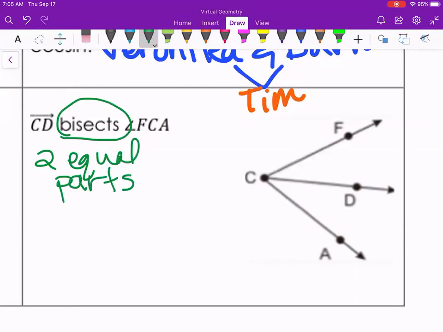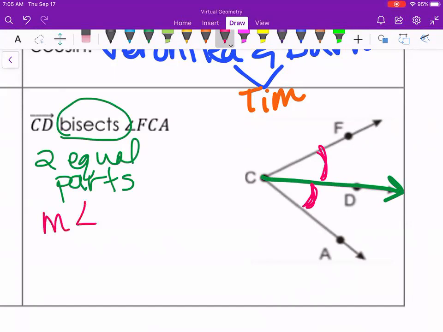If ray CD is the one that's bisecting, then whatever is going on at angle FCD is going to be exactly the same as what's going on at angle ACD, which is why they say angle FCA is being cut into two equal parts.